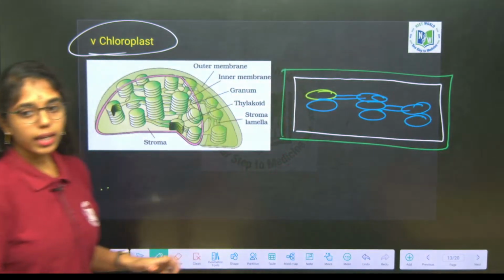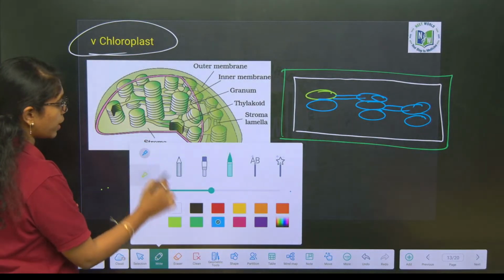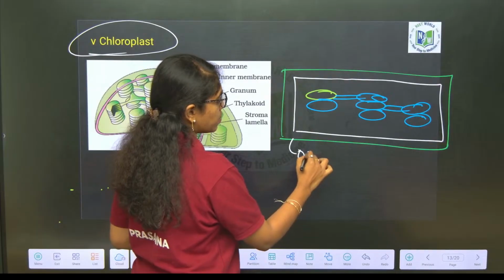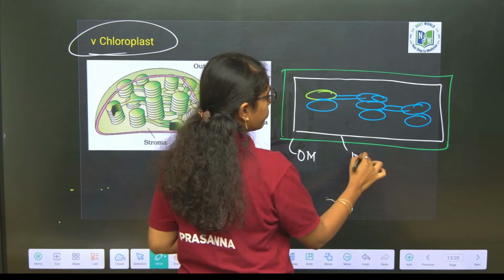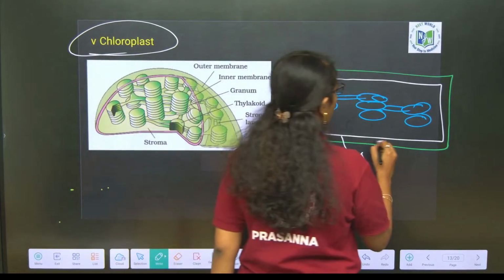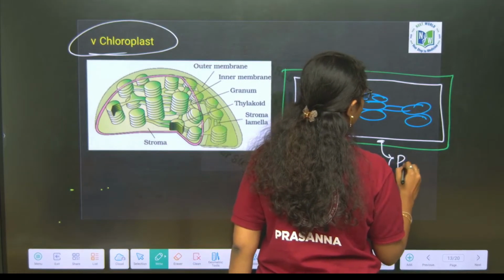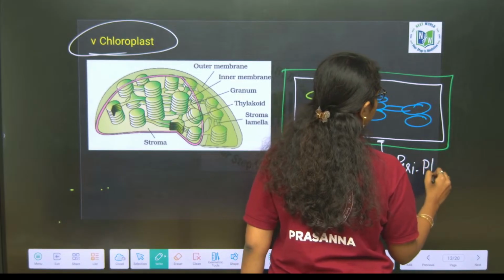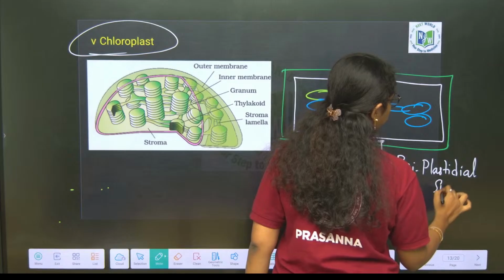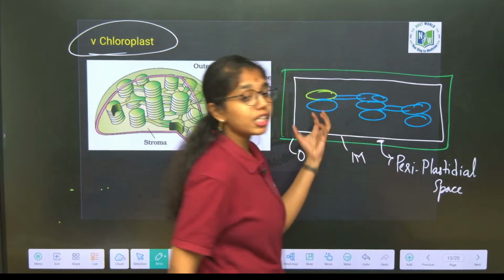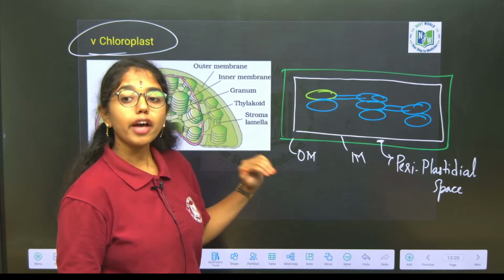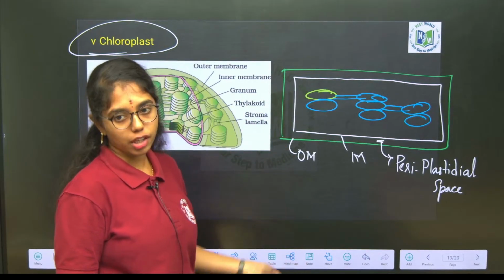So here it has again an outer chloroplast membrane and inner membrane. The space between outer membrane and inner membrane is called what? Periplastidial space. And the fluid filled space inside the chloroplast is called stroma or chloroplast matrix.